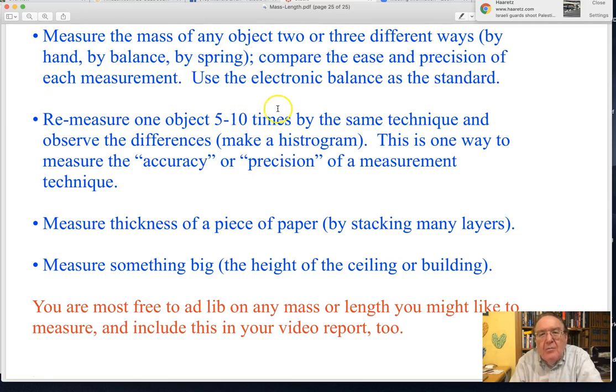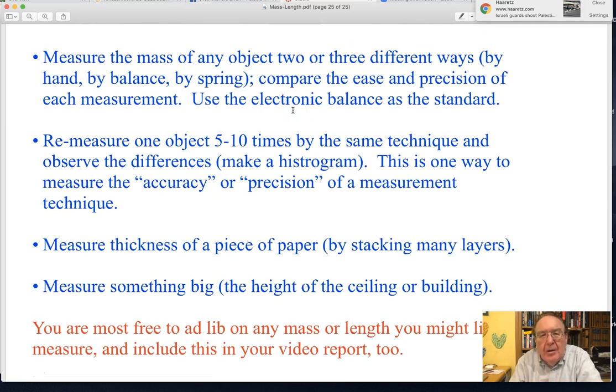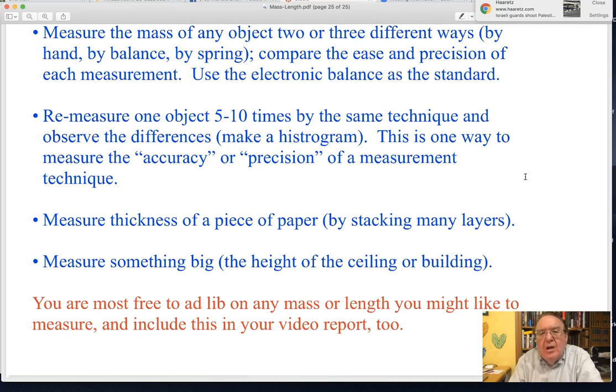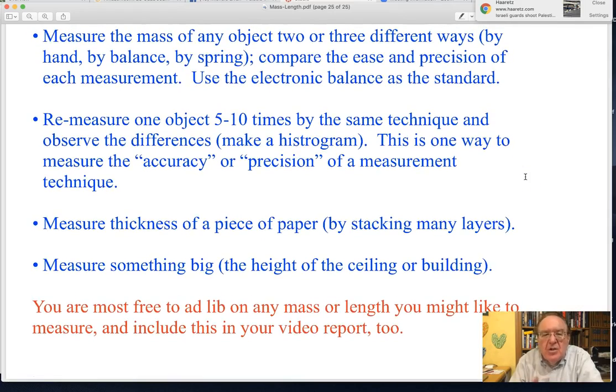Okay, I mean, it'll probably come up to be the same number every time, but occasionally it should change. But anyway, you measure a mass several times by the same technique, and then you observe the differences. Okay, and I misspelled histogram here. Make a histogram. So this is one way to measure the accuracy or the precision of a measurement.